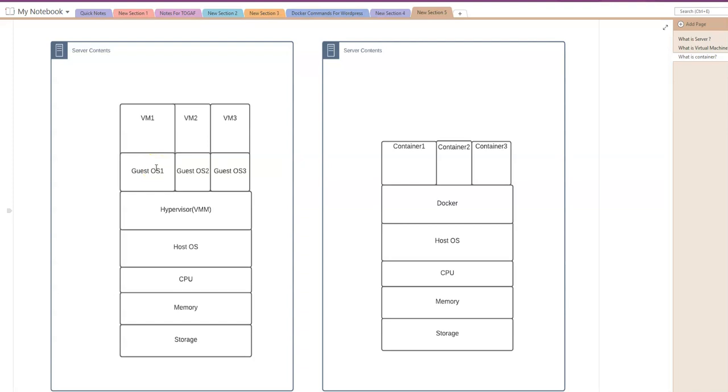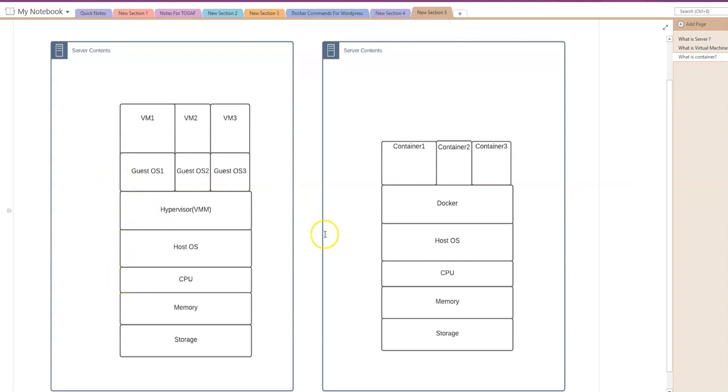It's not a minimized version of the OS. So it needs a lot of storage, and a lot of CPU goes into running the guest OS as well as the host OS.